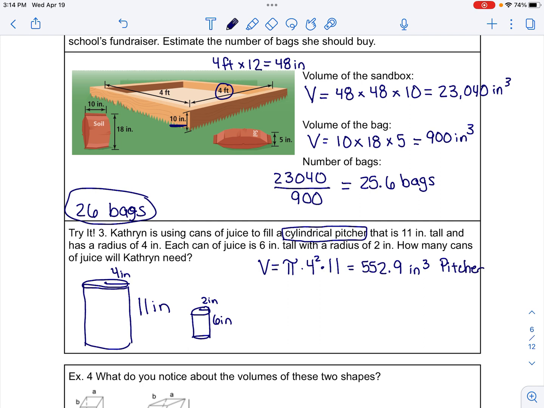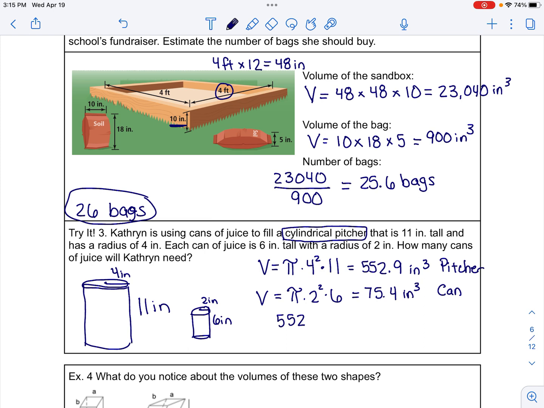Then the volume of the can, pi times 2 squared times 6. That's 75.4. Those are how much is in a can, and we need to know how many cans it will take to fill up the pitcher. So just like the last one, we're going to divide the 2 answers to see how many cans that would take.